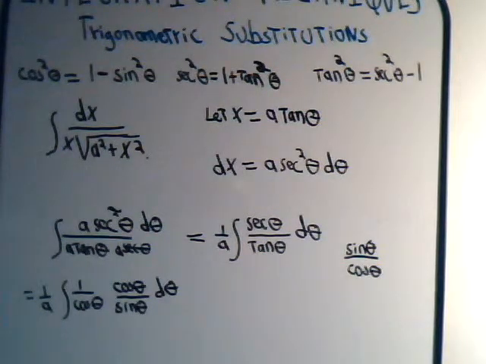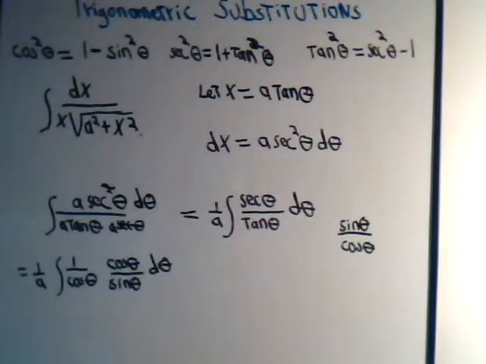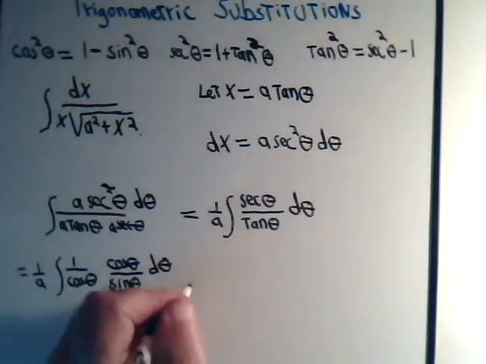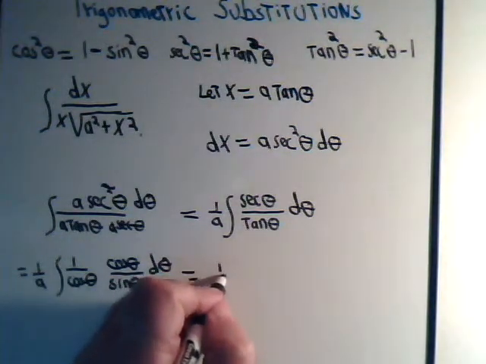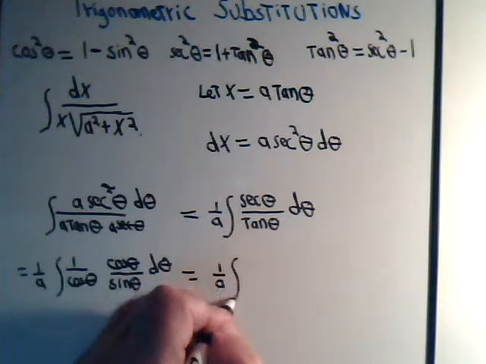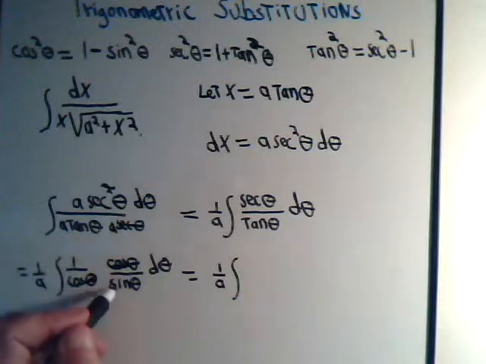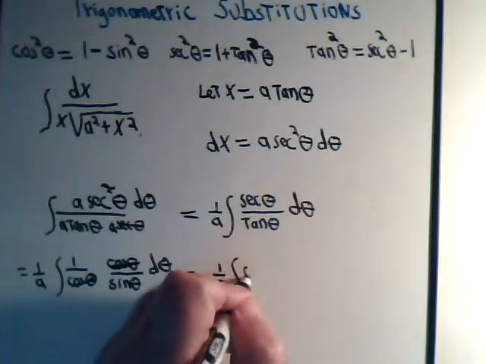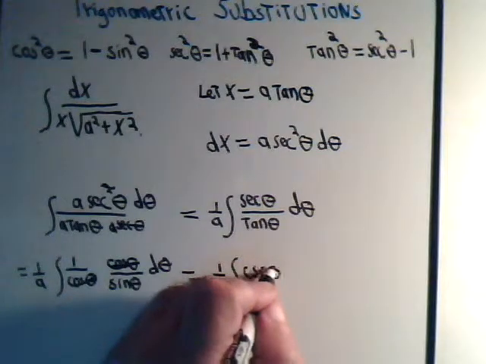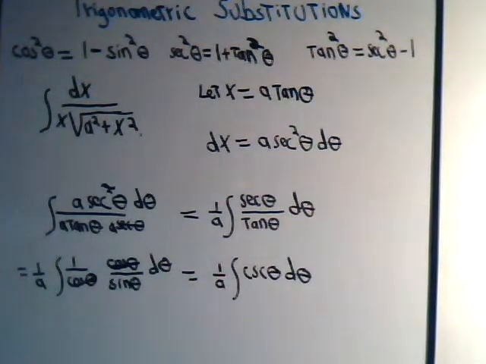So we have this, and it looks like the cosines here will cancel out. And so now we have 1 over a, the integral of 1 over the sine of theta, that's the cosecant of theta d theta.